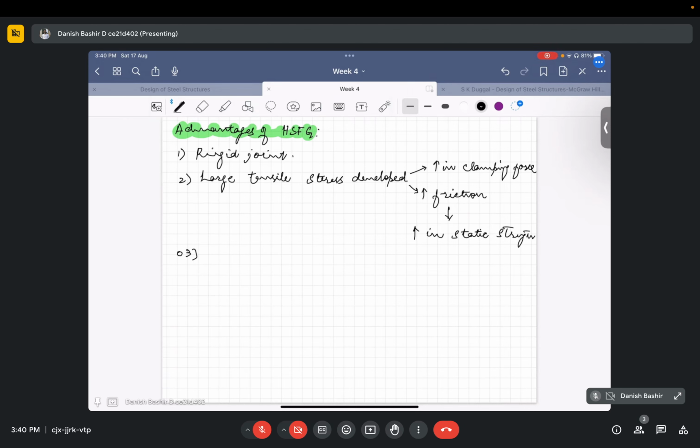Okay, third, because clamping action is there, the load transferred in high strength friction grip bolts, HSFG, is through friction only.